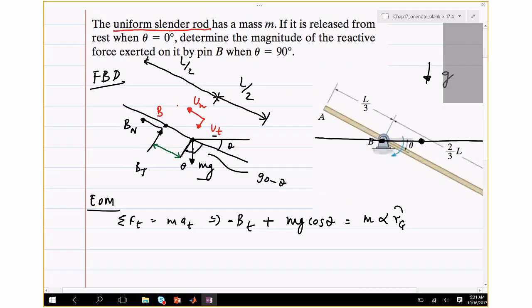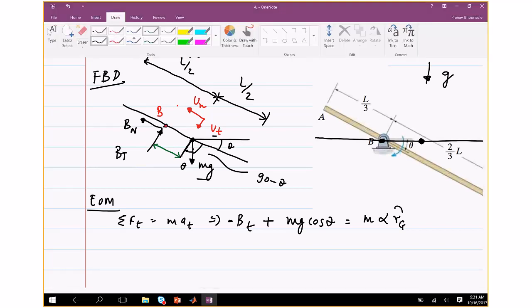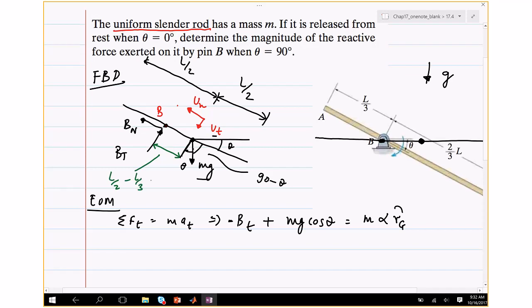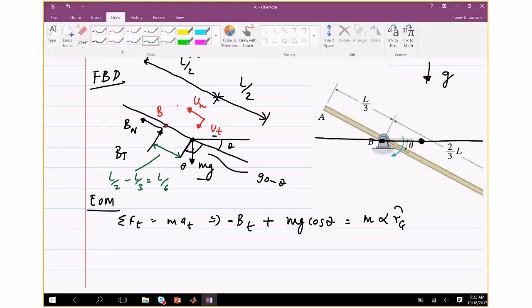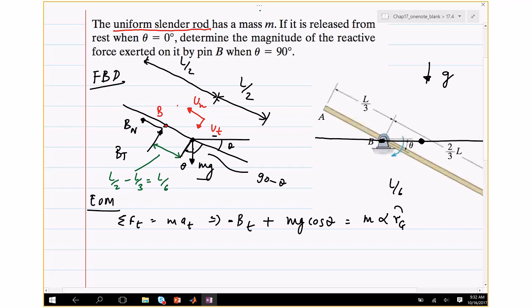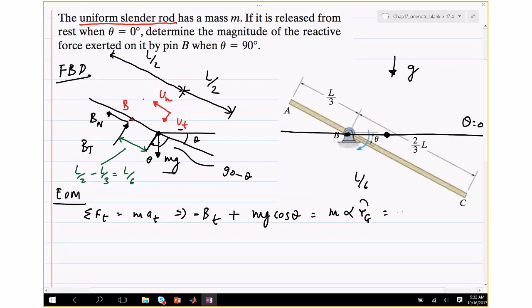It's L by 2 minus L by 3, yes. That's L by 6. Okay, so I do not know what alpha is, it's an unknown, and I do not know what Bt is. So that equation has two unknowns.